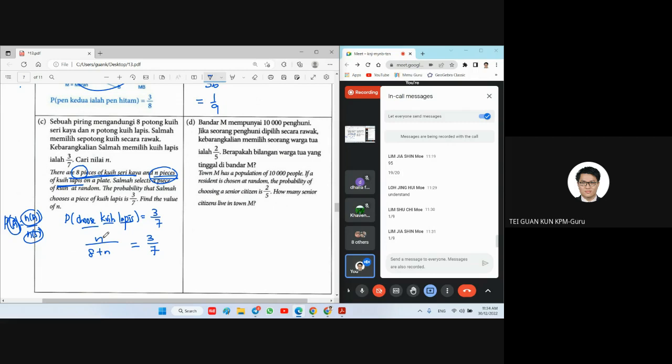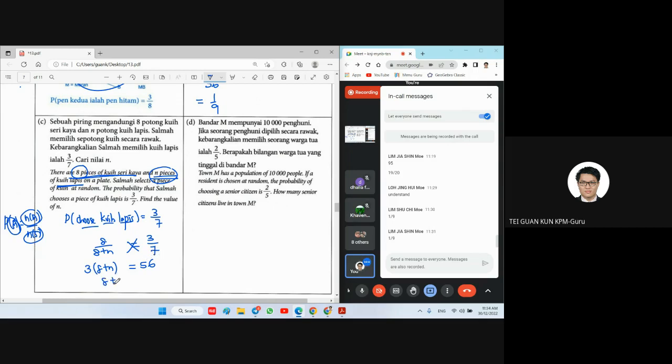So you need to know how to do this. Okay, after that you need to know how to solve it. How to simplify this one? How to solve this one? 8 over 8 plus n. Cross multiplication, so you have 3 times 8 plus n equal 56.